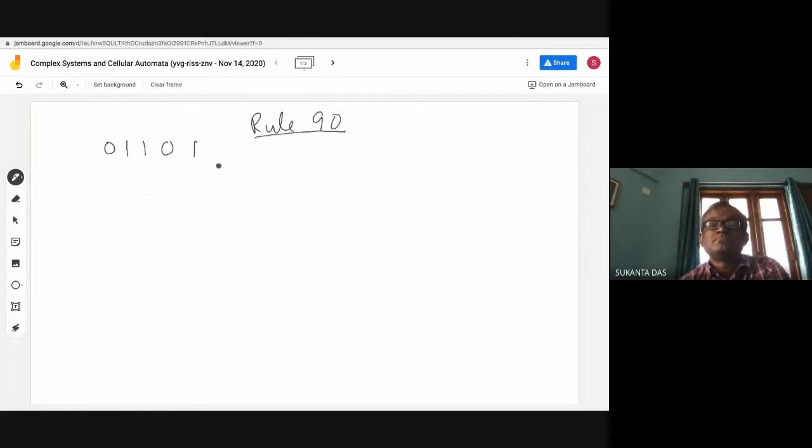So this is first the synchronous case. Synchronous case means all the cells are updated simultaneously, and here my boundary condition is null.